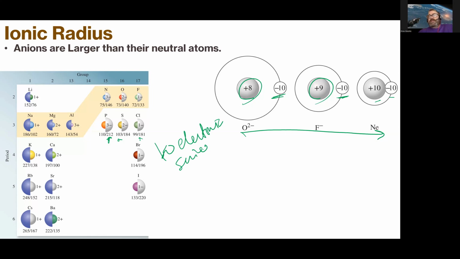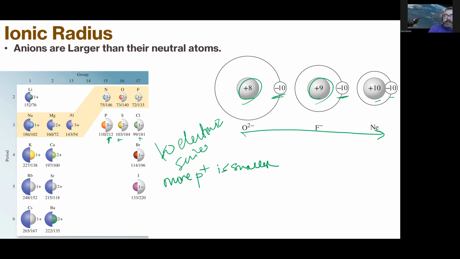Here all these have 10 electrons, but they have 8 protons, 9 protons, and 10 protons. If they're isoelectronic, that just means that the more protons, the smaller. And that holds true as we get cations as well.